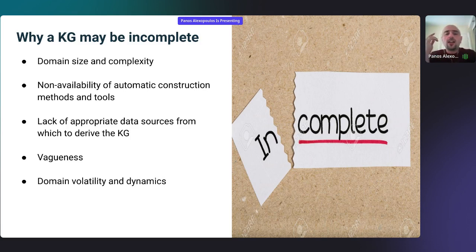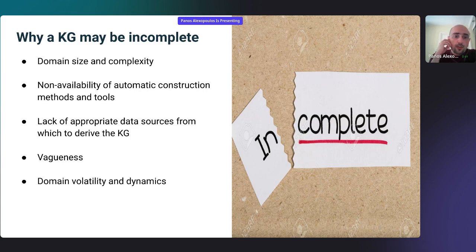It's not very realistic to expect that any given knowledge graph has the complete knowledge of the domain it's supposed to cover. Also, in some cases the knowledge graph may be incomplete because we don't have automatic construction methods and tools, meaning that we need to do it mainly manually, and that, of course, takes a lot of time, effort, and money.